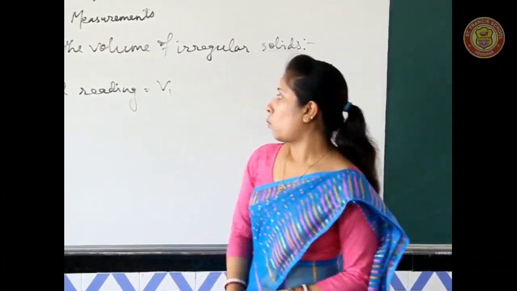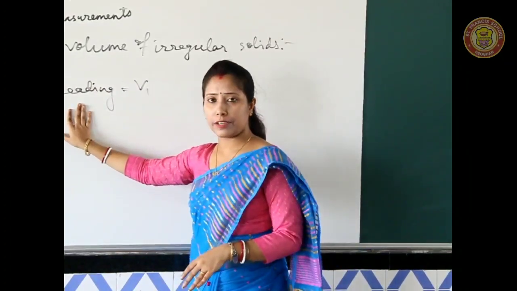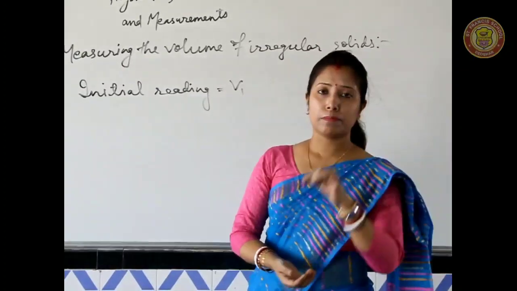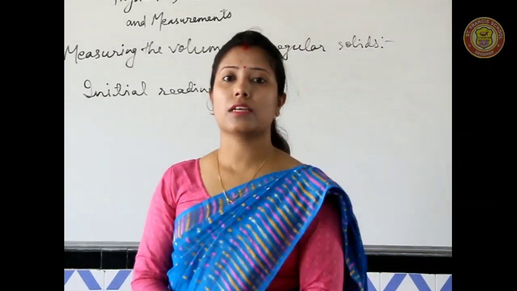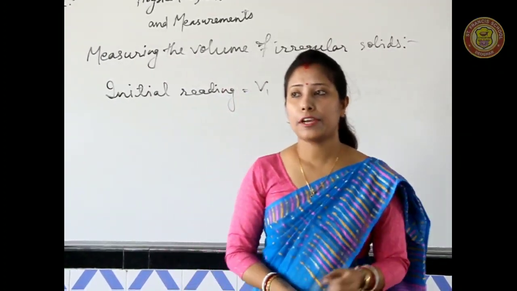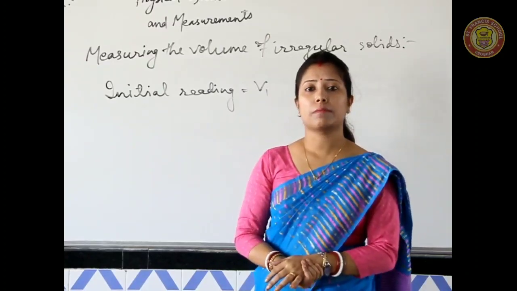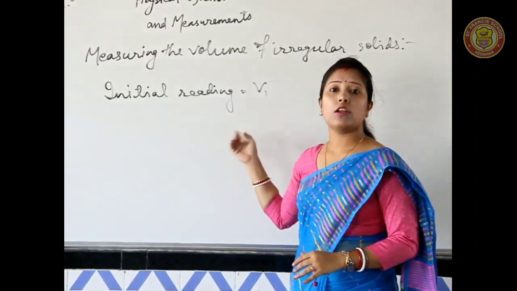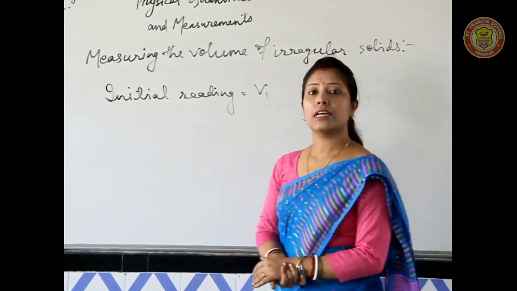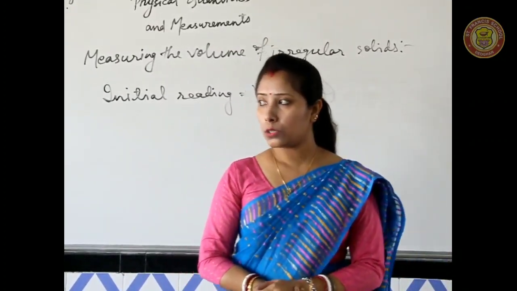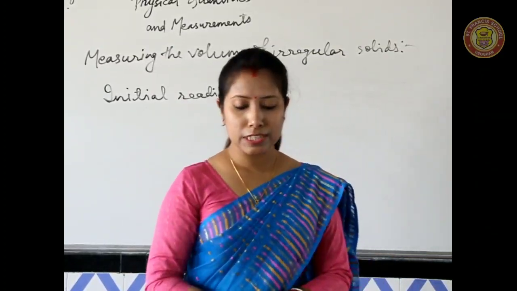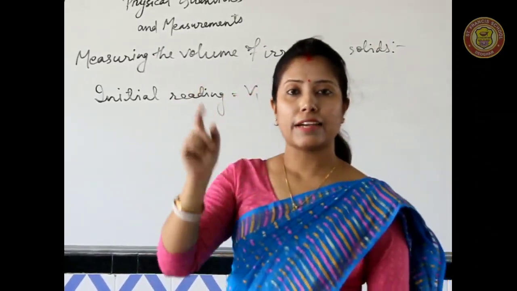Once you have taken the initial reading as V1, you will dip that stone in the measuring cylinder, and there will be a rise in the level of the liquid. When you observe the rise in level, take that reading.